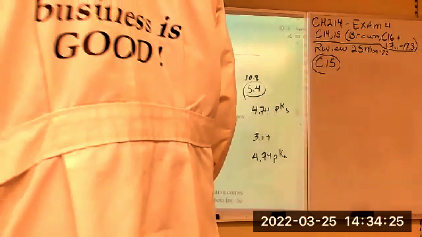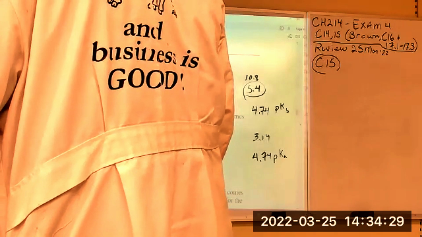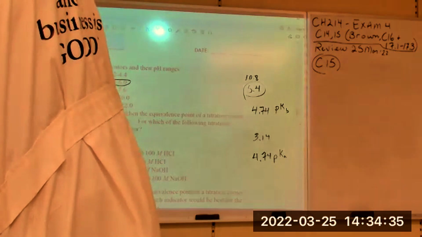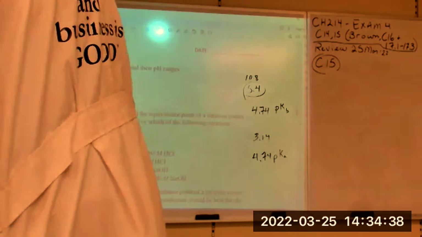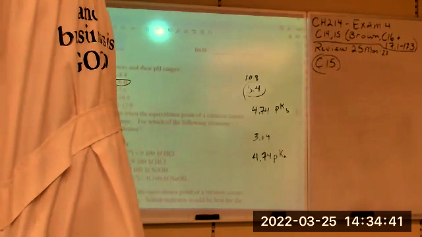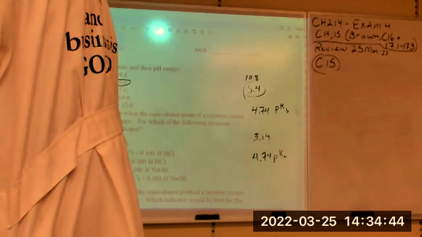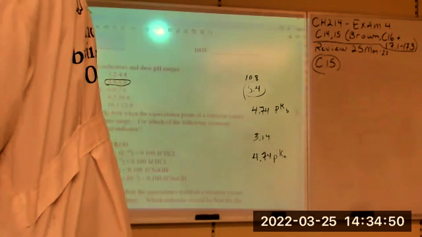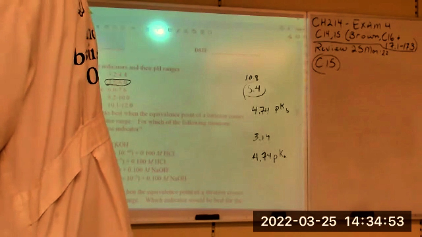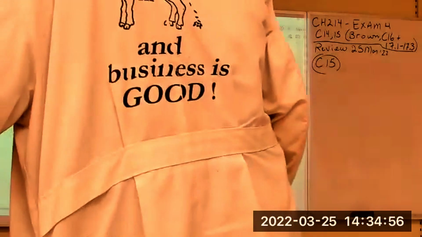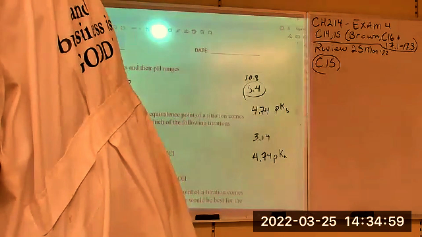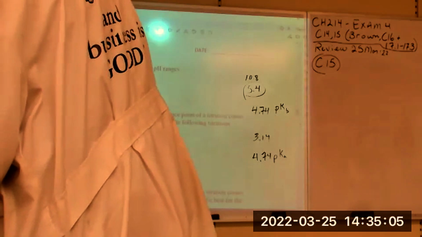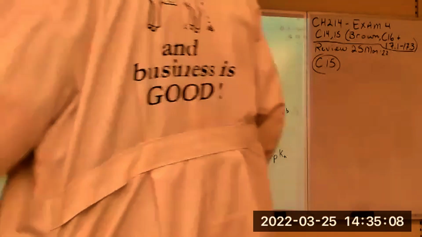E. Acetic acid plus sodium hydroxide. Okay, now why did I do that? To find the Kb. All right.